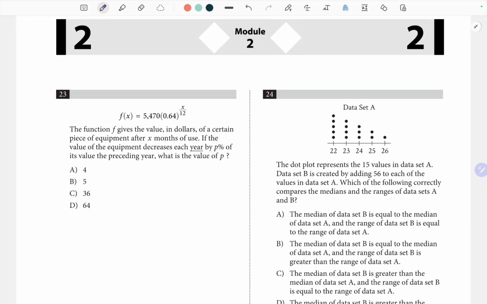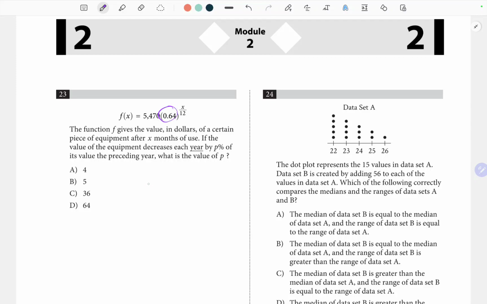Now this is again a question. The function f gives the value in dollars of a certain piece of equipment after x months of use. If the value of equipment decreases each year by P% of its value the preceding year, what's the value of P? So this is given to us, 0.64.